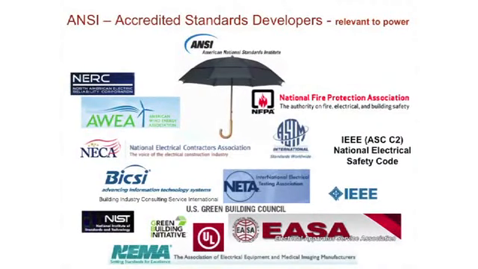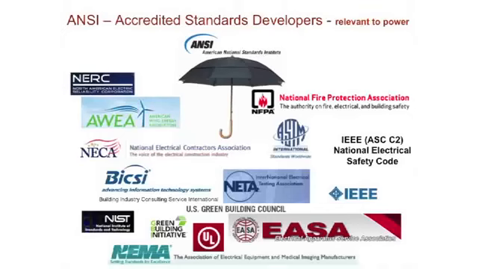More relevant to the power industry, you probably recognize most of these logos. There is NFPA, I mean the famous NFPA 70E that we have to live by on arc flash. There's ASTM, there's IEEE, but there's even the IEEE National Electric Safety Code, which is a separate membership. It's sort of funny, IEEE does more than just one membership of ANSI.